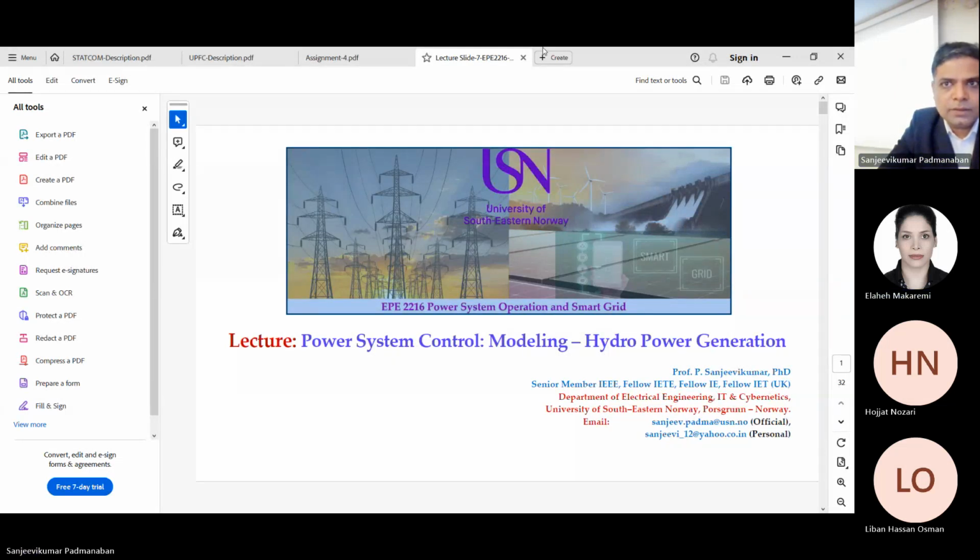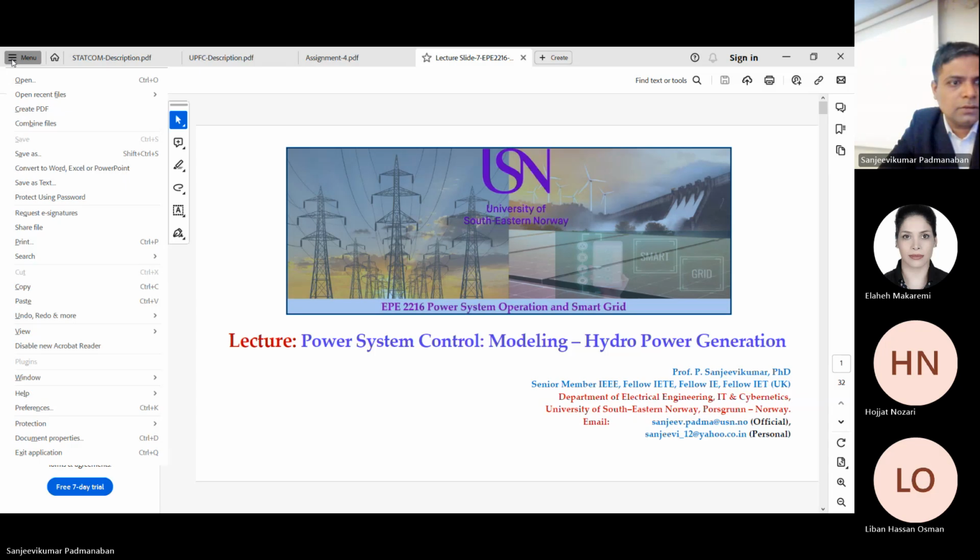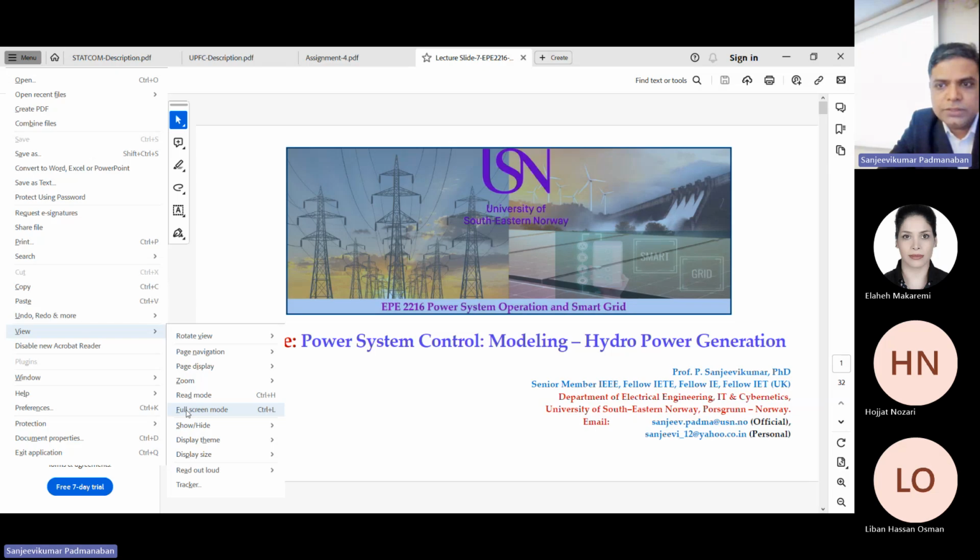Perfect. I want to verify also the full screen mode. Could you see the full screen? No, I think if you put on the full screen, it's freezing. Okay.